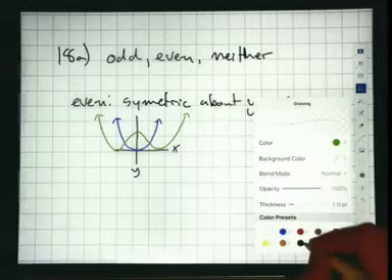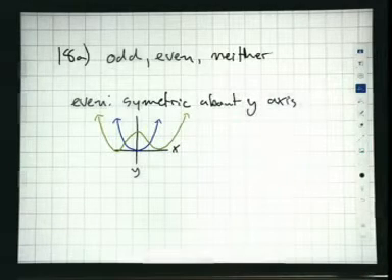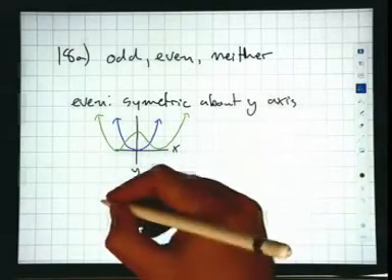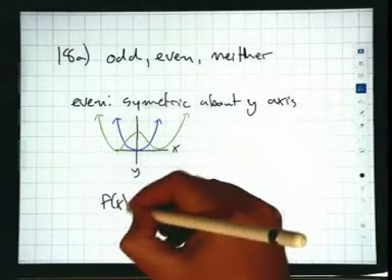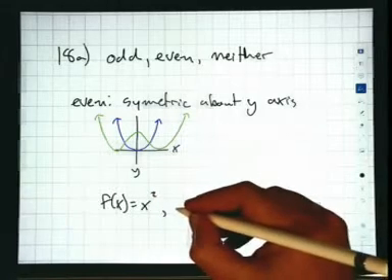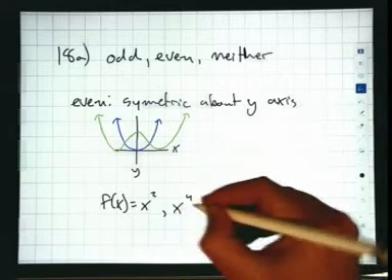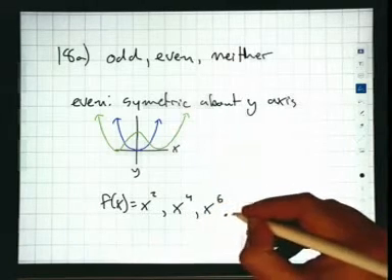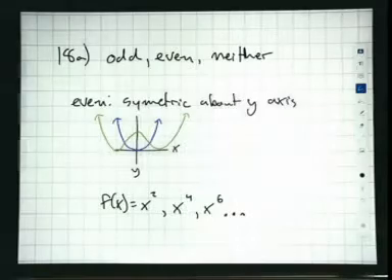And something else that's particular about these even functions is that they're all going to be of the format f of x is equal to x squared, or x to the fourth, or x to the sixth, and so forth and so forth.